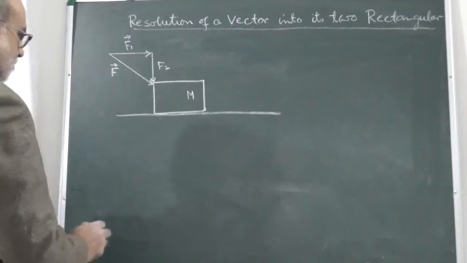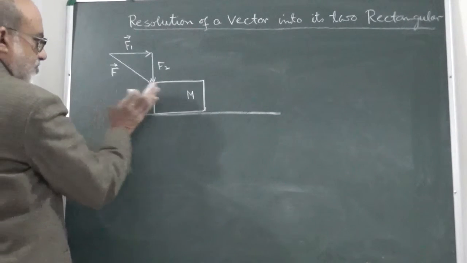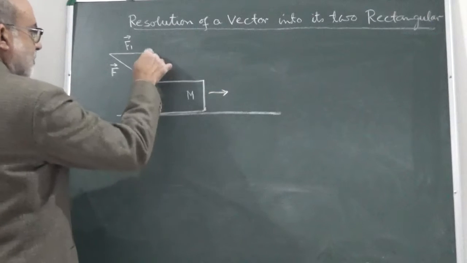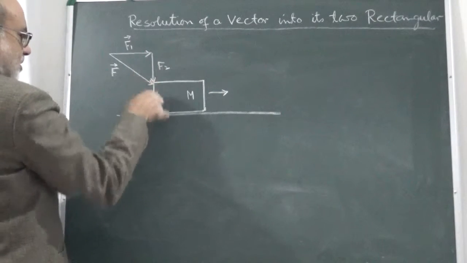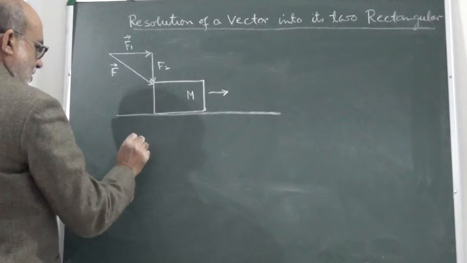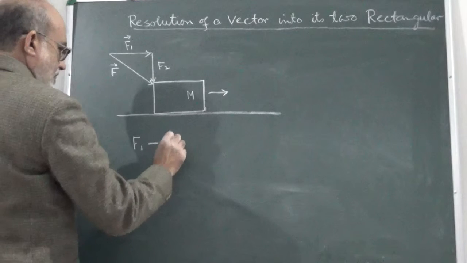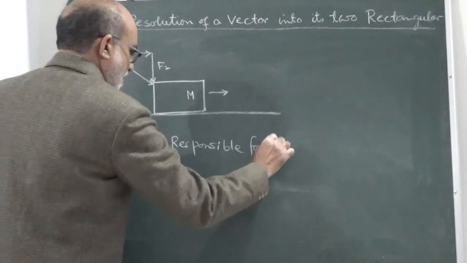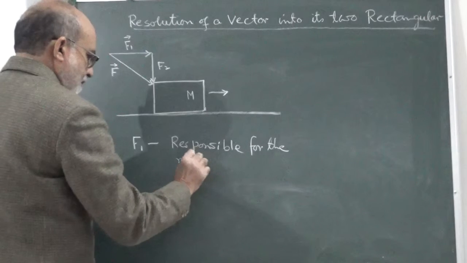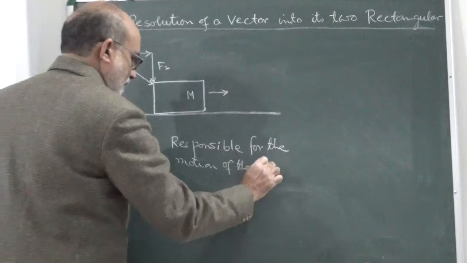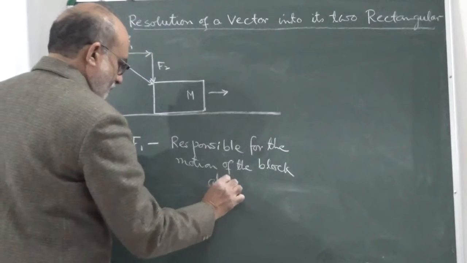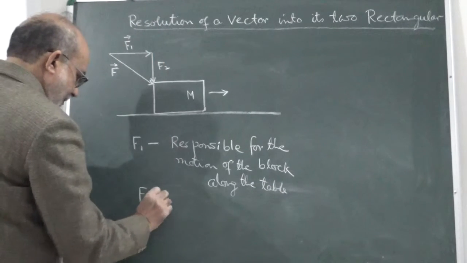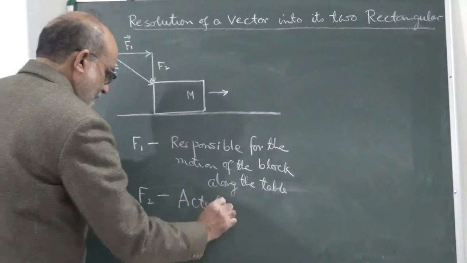F1, the component parallel to the table, is responsible for the motion of the block along the table, and the component perpendicular to the table, F2, acts on the reaction of the table.